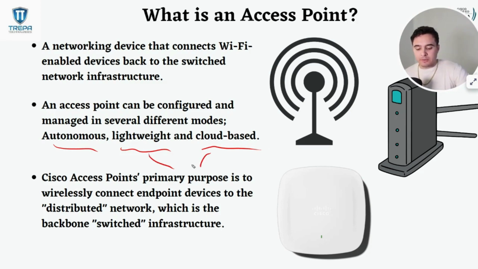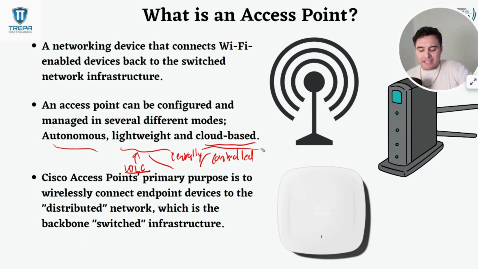These two are the most similar because they're going to be centrally controlled by some sort of server or what we call a controller, with lightweight access points getting all their settings and their profile from what we call a WLC, a wireless LAN controller that's going to sit inside your enterprise.